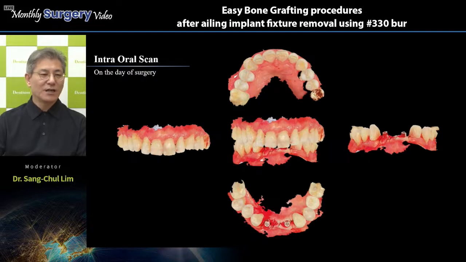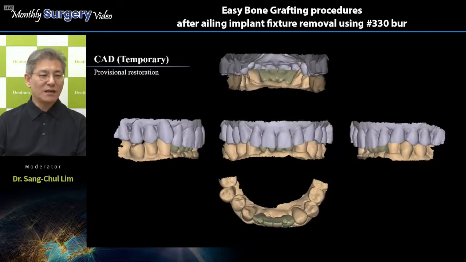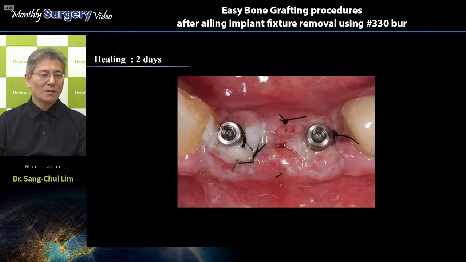After surgery, we got the scan data here and sent it to the CAD for making a temporary provisional restoration. The STL file is sent to our program, and we can make the ideal position for a 4 unit bridge supported by 2 implant fixtures, Bright TL.